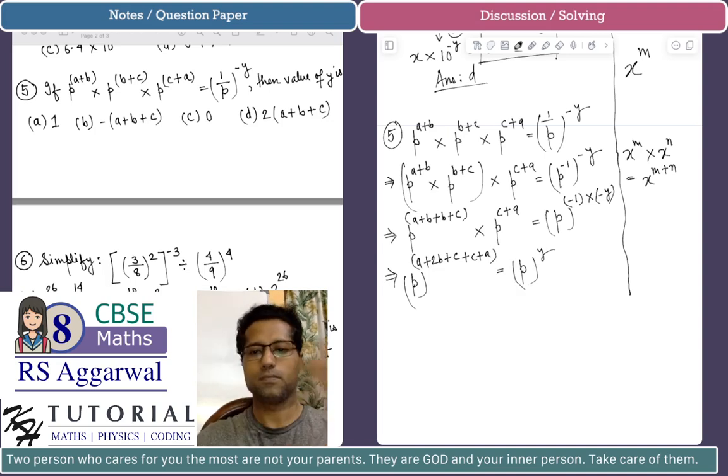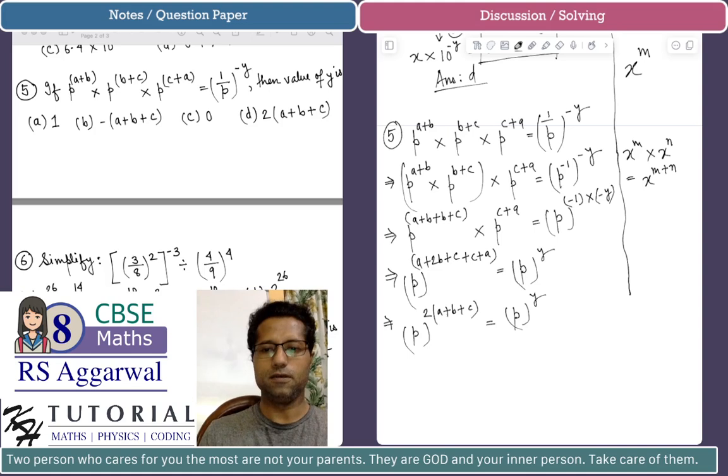So this implies, if I simplify the power on the left hand side, this will be a plus 2b. So I can see this is twice a plus twice b plus twice c. So this is 2 into a plus b plus c. We have p raised to the power y.